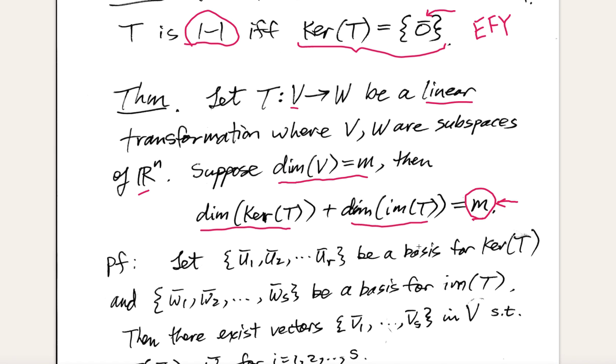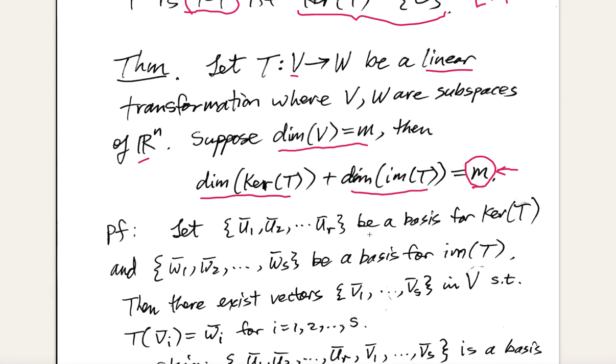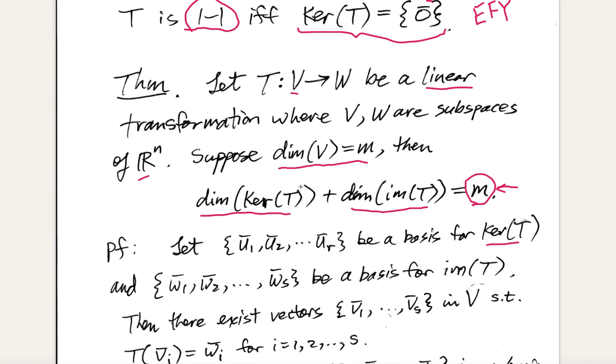Okay, let's give a proof of why this holds here. Let's go ahead and let u1 through ur be a basis for the kernel. So these elements are actually coming from V, right?